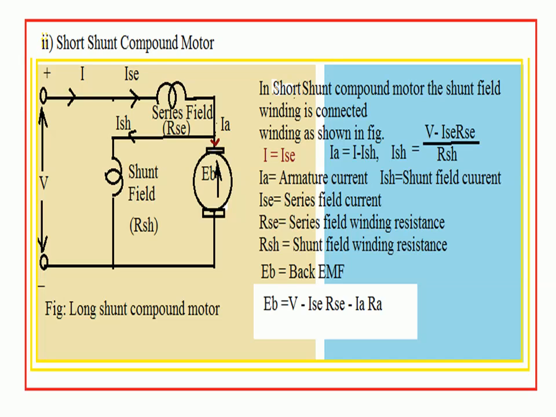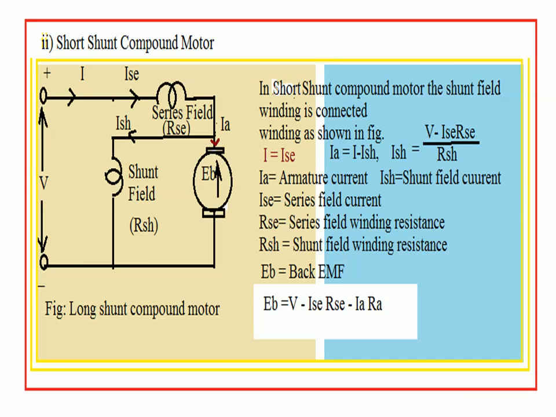Back EMF equation is also modified as per the voltage expression of the motor. EB equal to V minus ISC RSC minus IARA. IARA is the voltage drop across the armature circuit, ISC RSC is the voltage drop across the series field winding.